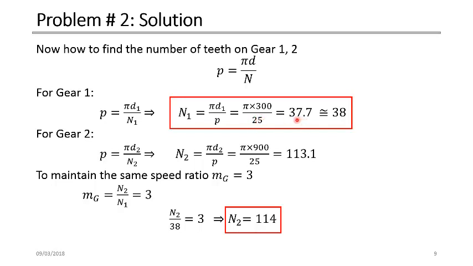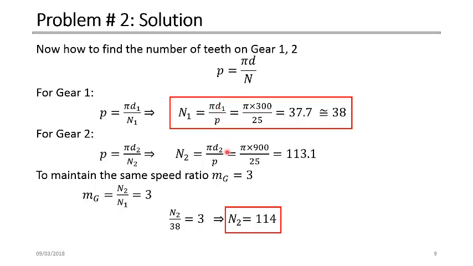But if you are playing with this number, something has to change here to balance this change. So we have rounded this number up to 38. We cannot change P, so we must change the diameter in order to make this 38.